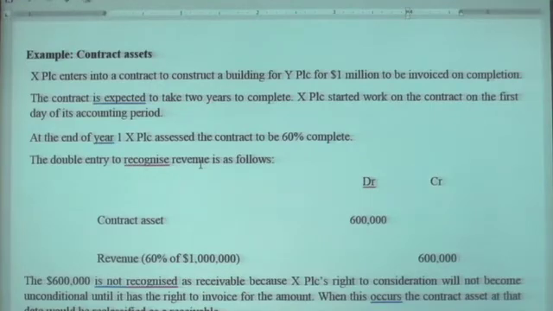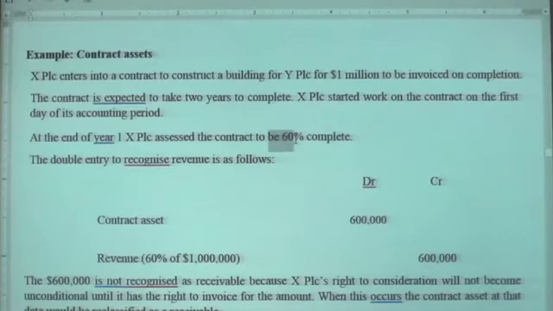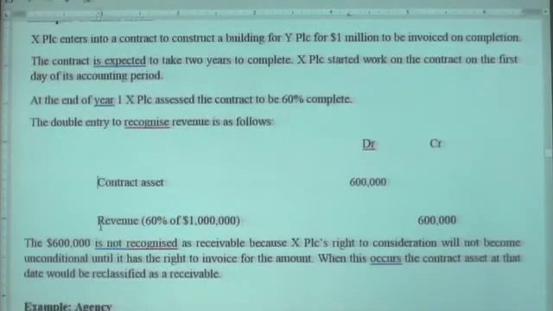At the end of the first year, the company assessed the contract to be 60% complete. The double entry to recognize the revenue is as follows. Contract assets 600,000, because 1 million is the total price. Clear? You completed 60%. Therefore, contract asset debit 600,000, revenue credit 600,000. Is that clear?